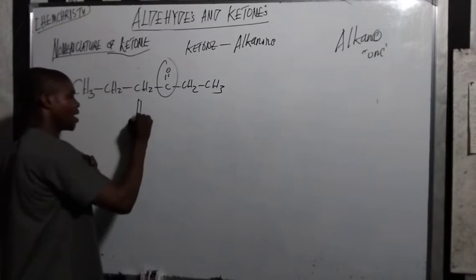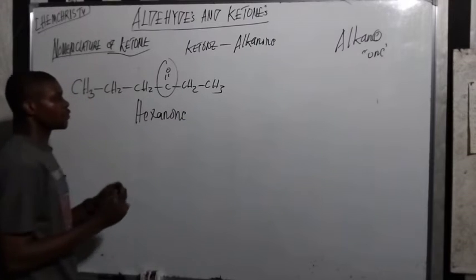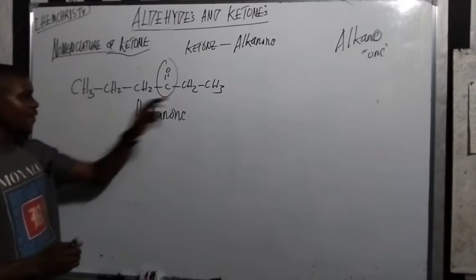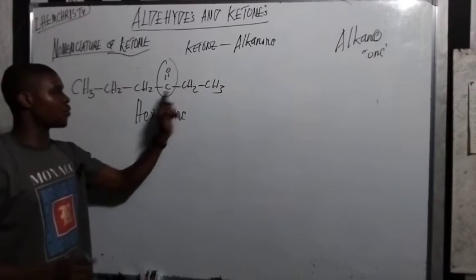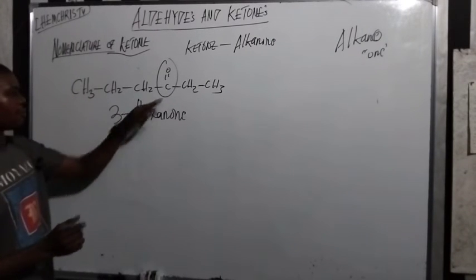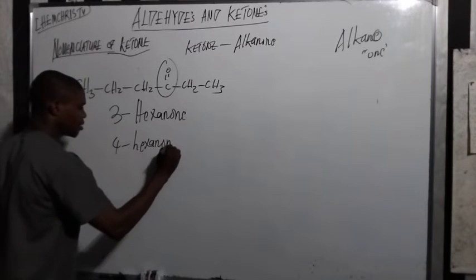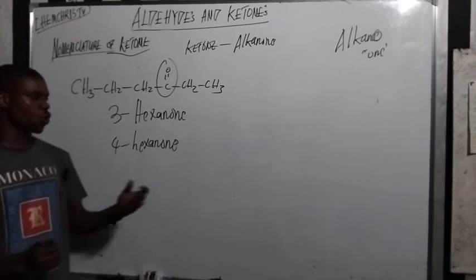It is hexanone, right? But what is the position of the functional group? If I start from here, 1, 2, 3, I have 3-hexanone. But if I start from the other side, 1, 2, 3, 4, it is 4-hexanone, right? So which one is the correct one?